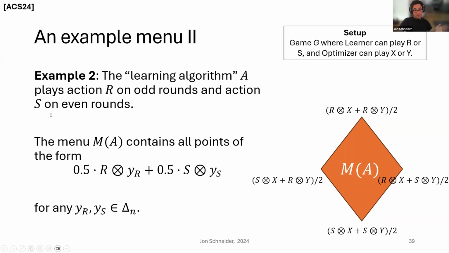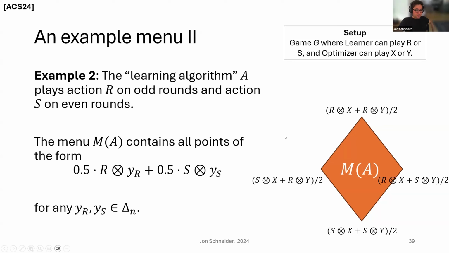So what does the menu consist of? The menu consists of all points of the form 0.5 times R tensor Y sub R for some Y sub R in the simplex, 2-simplex in this case, plus 0.5 times S tensor Y sub S for some other mixed strategy of the optimizer Y sub S. Geometrically, this menu is just this two-dimensional square or parallelogram with these extreme points.